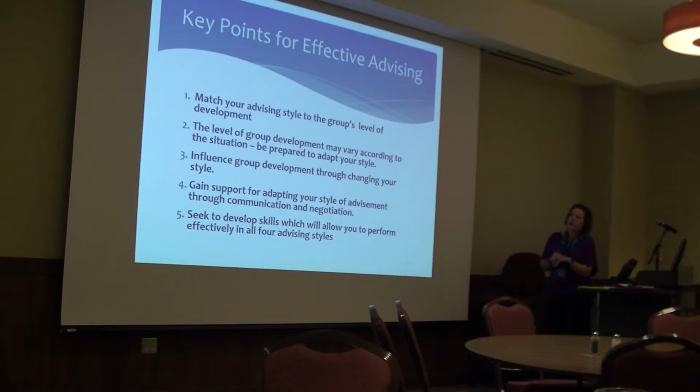And then gain support for adapting your style of advisement through communication and negotiation, and seek to develop skills which will allow you to perform effectively in all 4 advising styles. So all of us can do all of those different styles, but obviously there are going to be certain ones that are more natural to us than others.